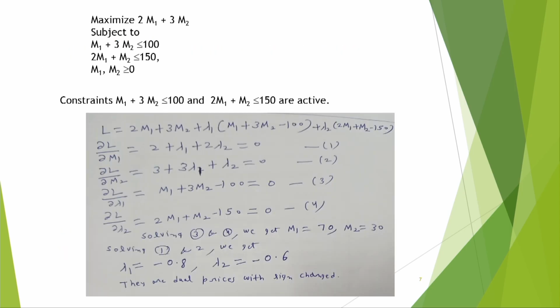Now, I can do the same problem by the Lagrange multiplier method. If I want to do it by the Lagrange multiplier method, I just pay attention that, suppose we maximize this much, and I understand from the LP problem that these two constraints will be active. That means, if you solve that problem, the active constraints are m1 plus 3m2 equal to 100 and 2m1 plus m2 equal to 150.